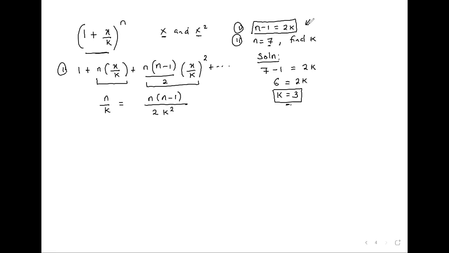So here we'll cross multiply first. We'll have 2k squared multiplied by n is equal to kn multiplied by n minus 1. If we divide by kn, this will go, and this k will take away the power. So we'll have 2k is equal to n minus 1, as required. So you just do the expansion and then pick the coefficients that are said to be equal. Equate them, and you get the solution.